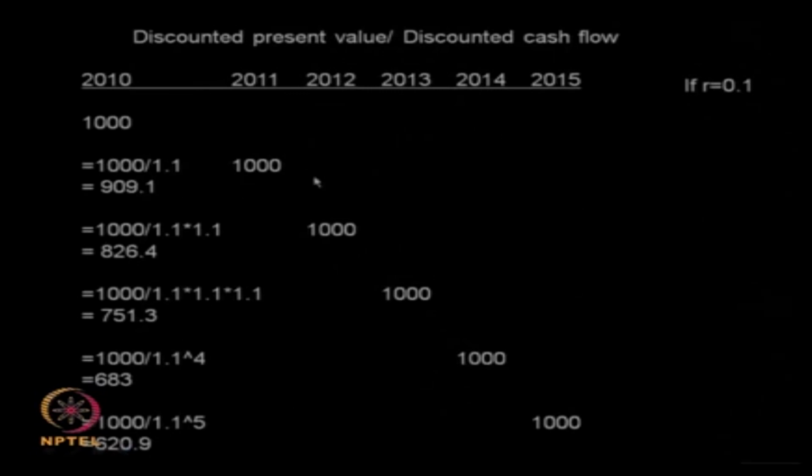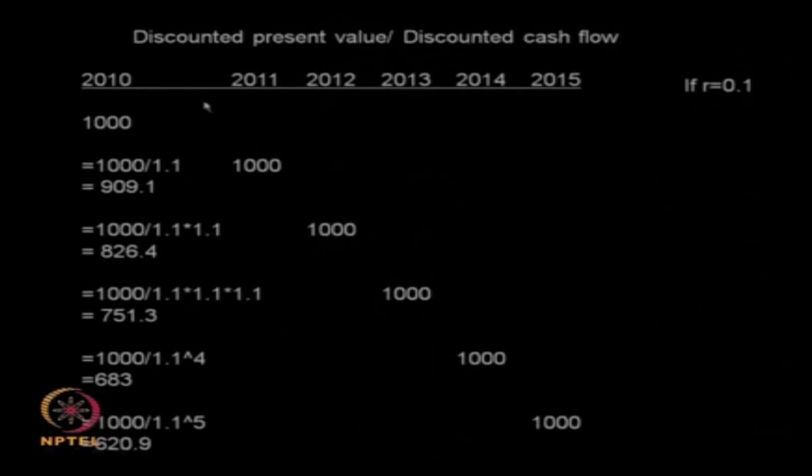So by bringing it to the present value, you can compare things as of today. And of course, the most important assumption here is that the R value remains constant over the period of time. So every time we keep dividing only by 1.1, or 1.1 square, or 1.1 cube, 1.1 power 4 or 1.1 power 5. That is the most important assumption, so you have to keep that in mind.